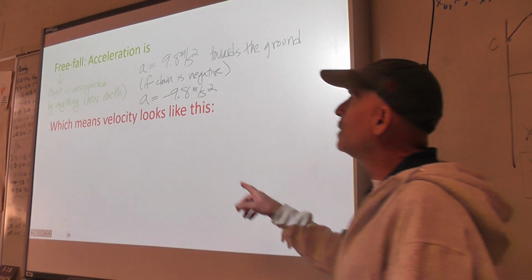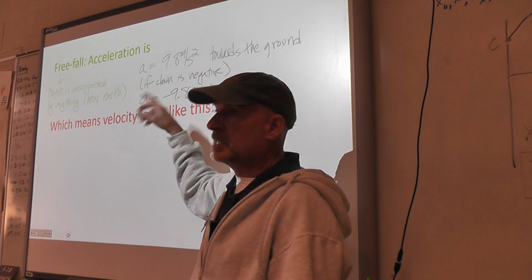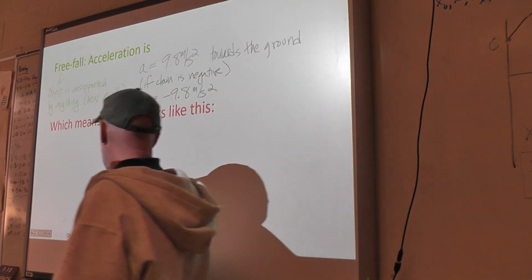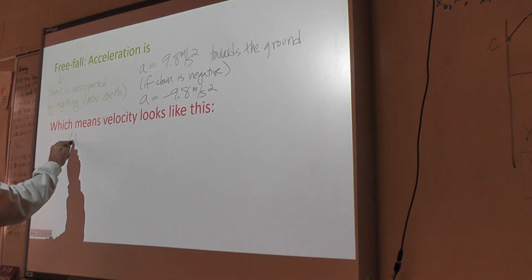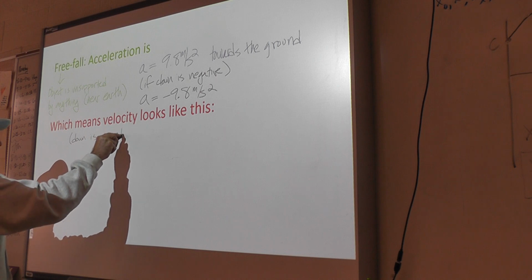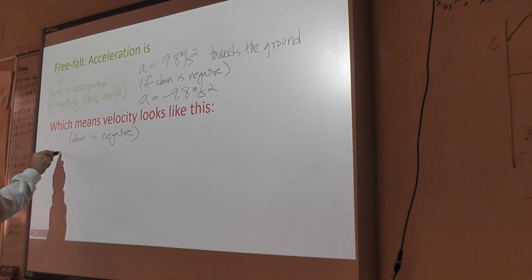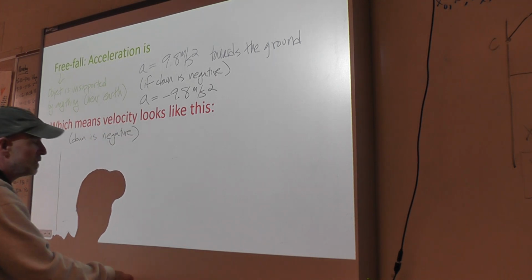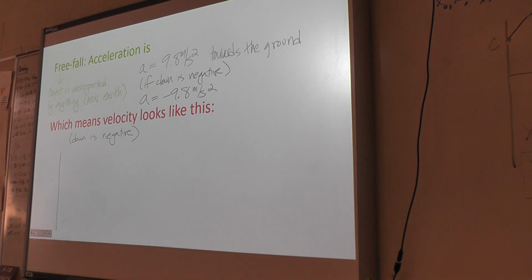If you have an acceleration, now let's say if down is negative, and we think about an object's velocity versus time, then the velocity is always going to be becoming more negative.